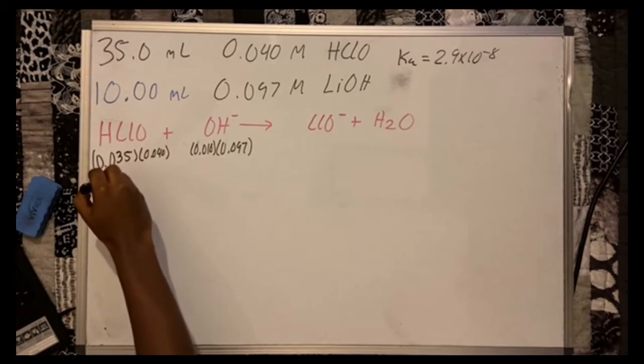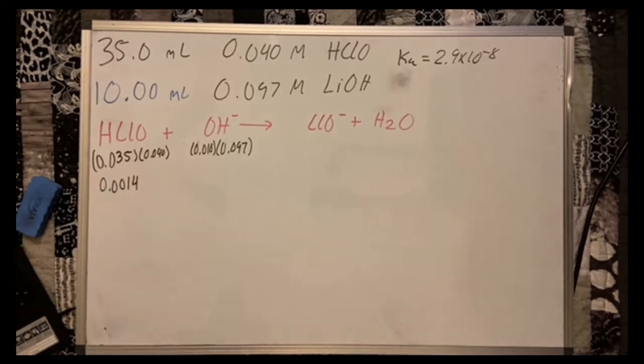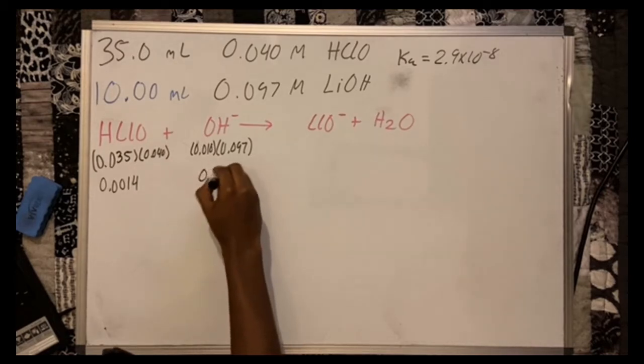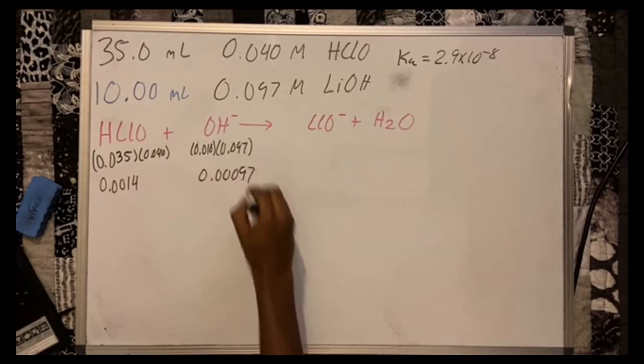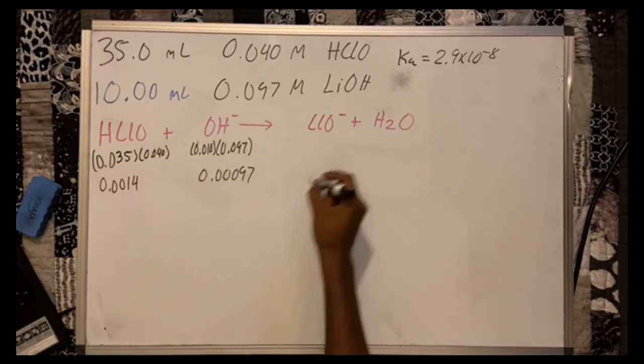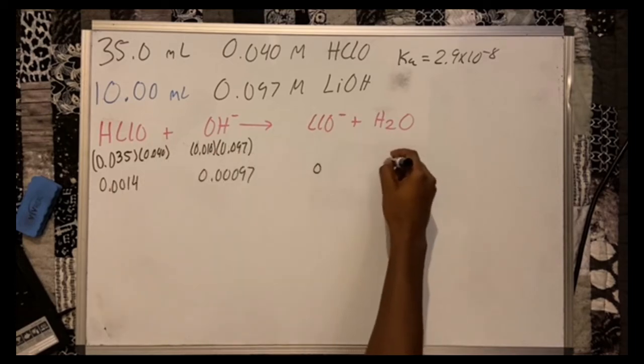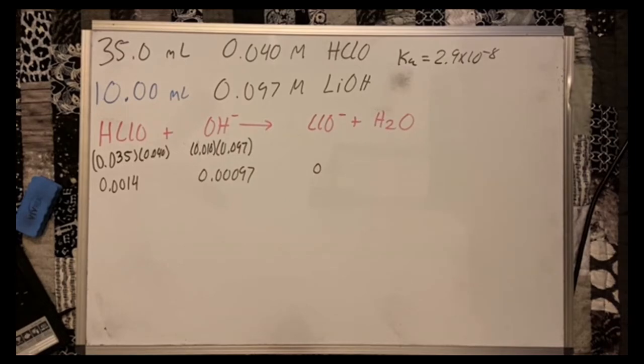I got 0.0014 right there, and then we got 0.00097. And then 0 right there. Don't care about this.